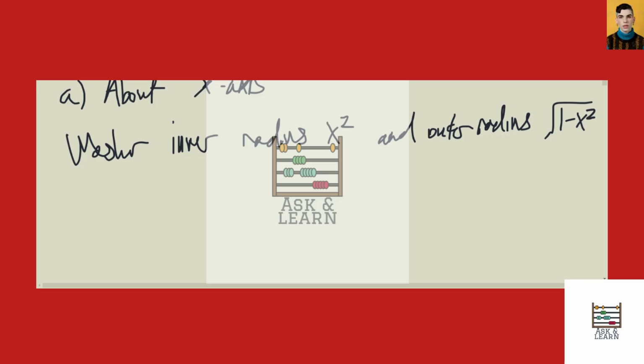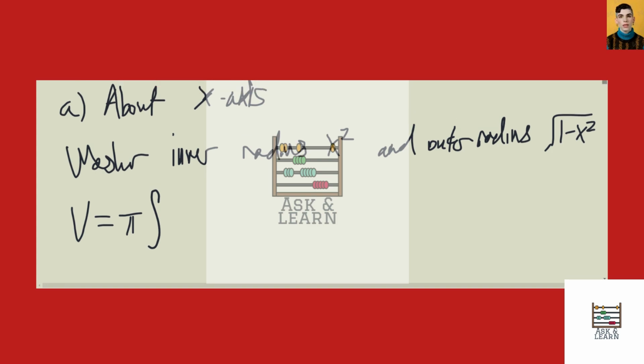So we use the washer method, and the volume V is pi times the integral from the x-coordinate of the intersection of y equals x squared and x squared plus y squared equals 1. Well, we'll do this first, actually. So when are these intersecting?